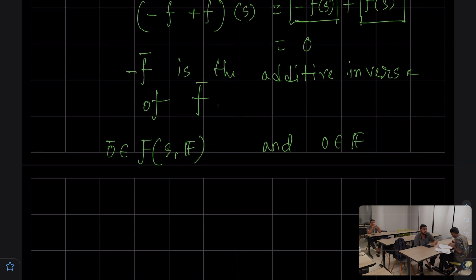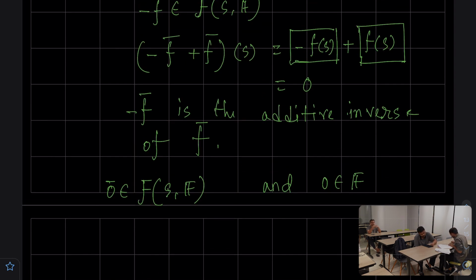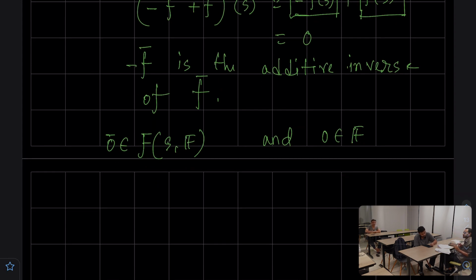Just a little bit. So now Jim is asking if the zero vector is a function, because in this setup all the vectors are functions, right? How is that function defined? The zero vector is supposed to be a function, so there should be a rule. What is the rule?